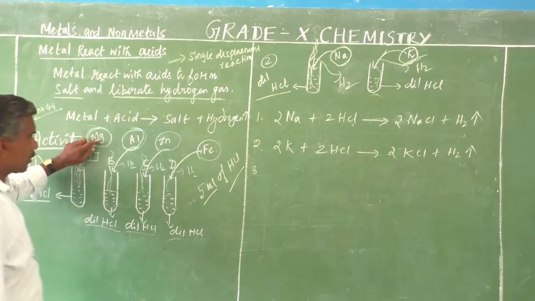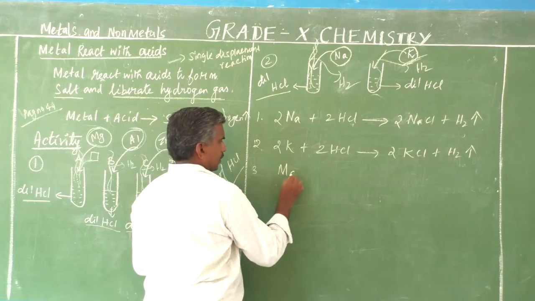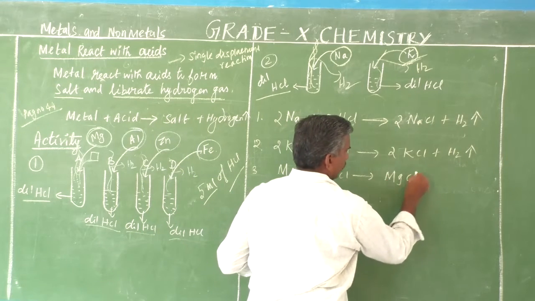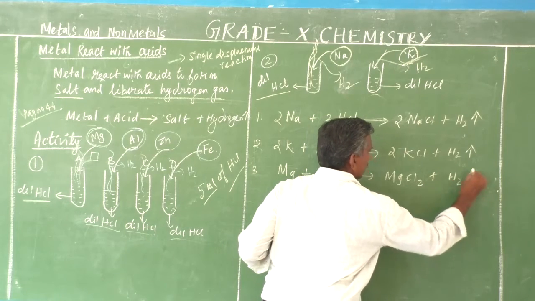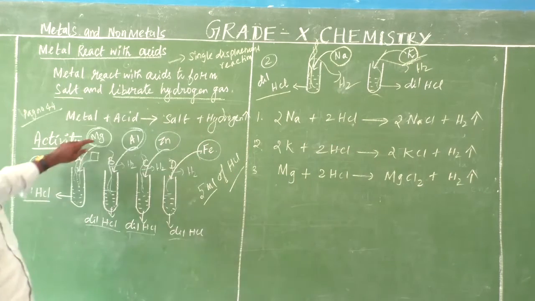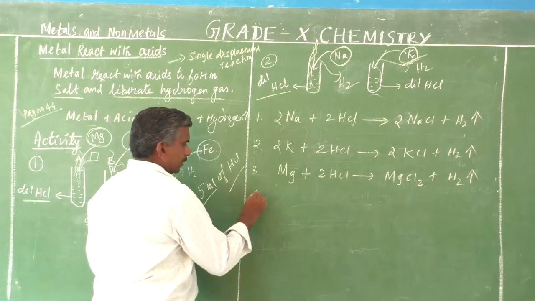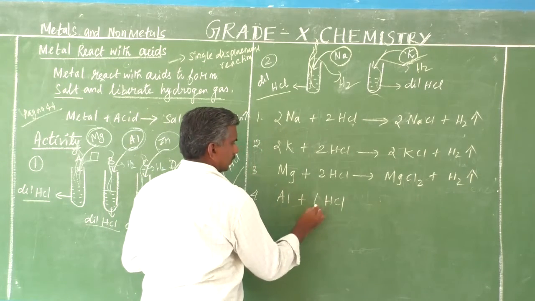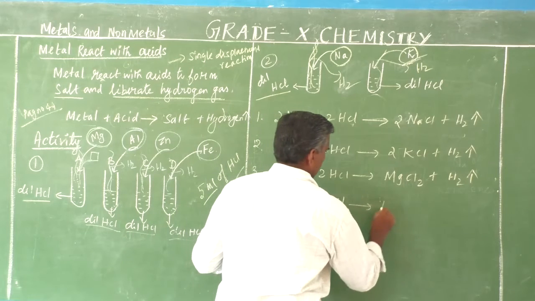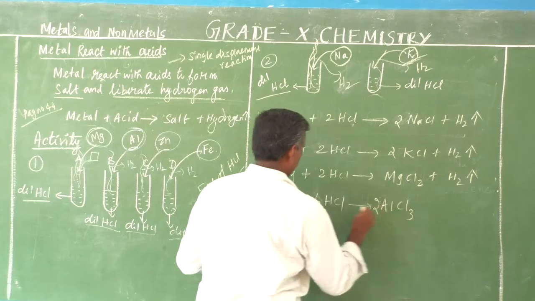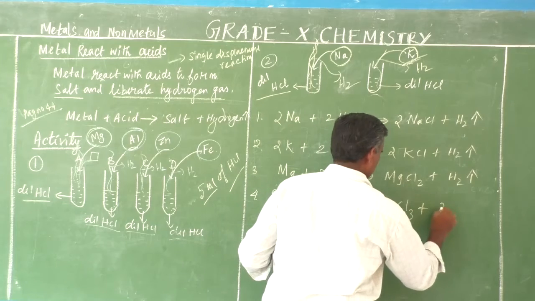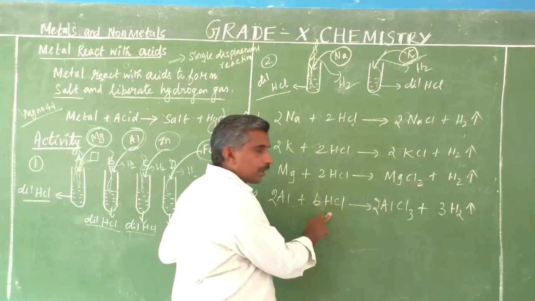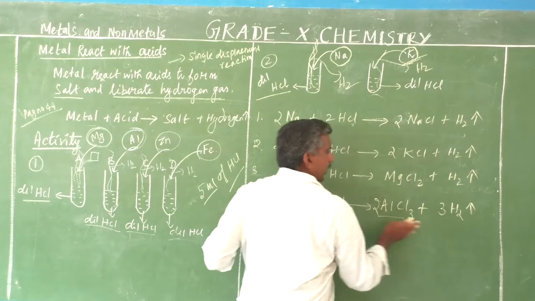Third, magnesium: magnesium reacts with hydrochloric acid to form magnesium chloride salt, and hydrogen gas is evolved. Fourth one is aluminium: aluminium metal reacts with hydrochloric acid to form aluminium chloride and hydrogen gas.